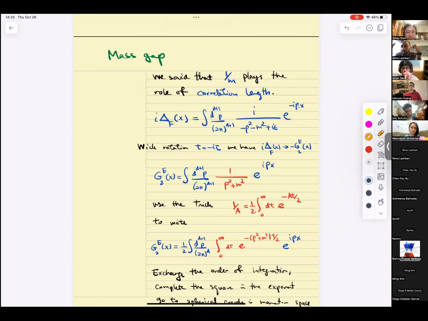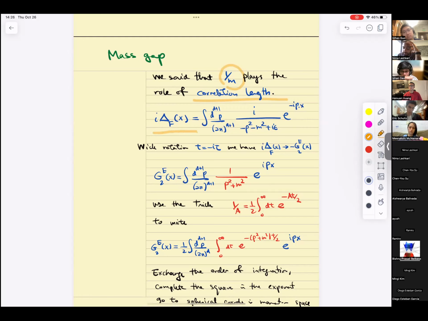And then I said m is like inverse correlation length. That was based on the quantum classical correspondence that I'm going to make precise now. So 1 over m is to be interpreted as correlation length. This is going to be correlation length in finite temperature classical physics.